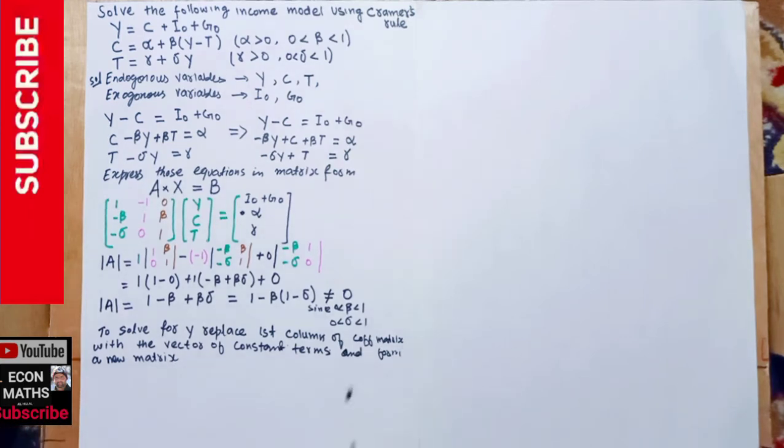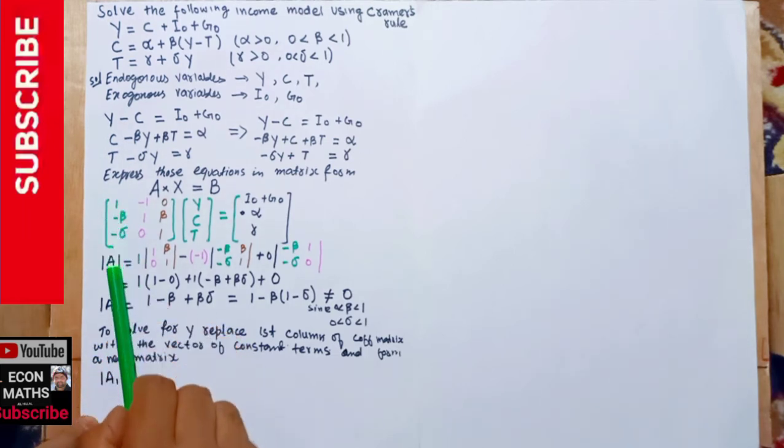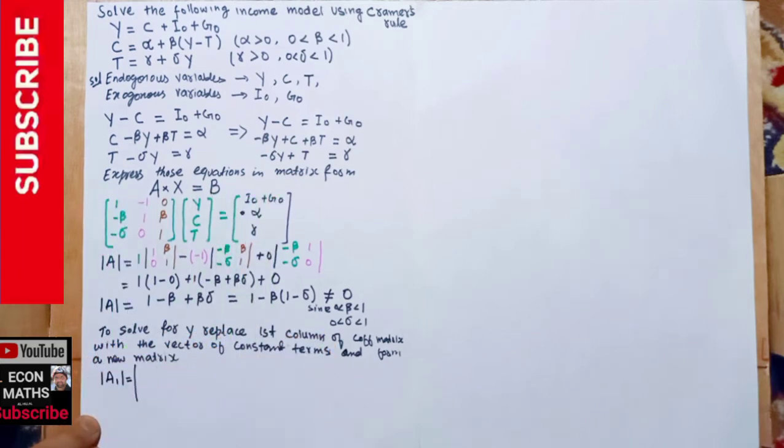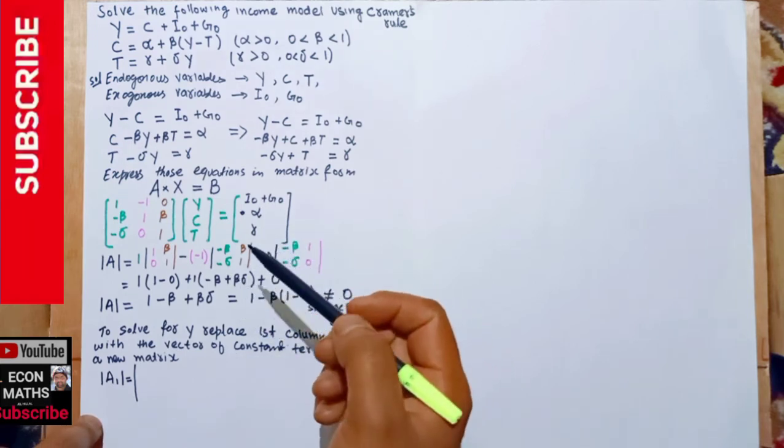So our new matrix will be A1. This is the new matrix which is formed by replacing the first column of the coefficient matrix with the column of the constant terms, which is the vector solution.